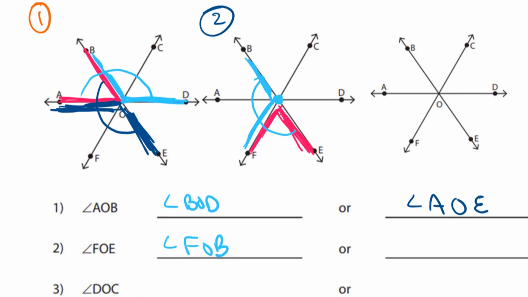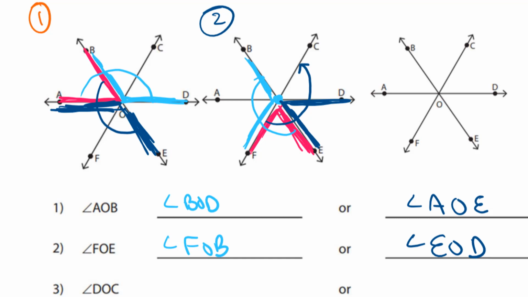My other option is to go all the way out here, and I could start where F is on that segment, go all the way around, and come around to where point C is, that line right there. I'm going right here from E all the way into O and then D. So angle EOD, that would be another one.